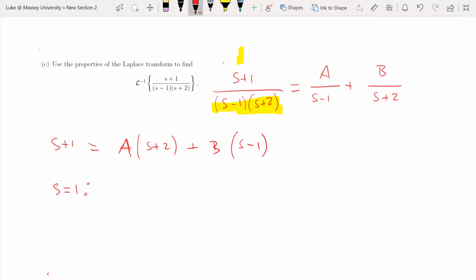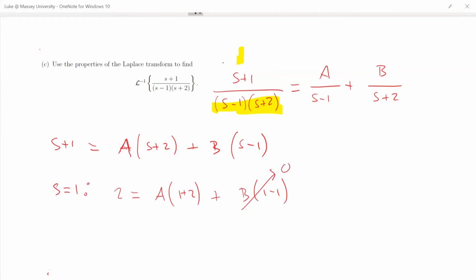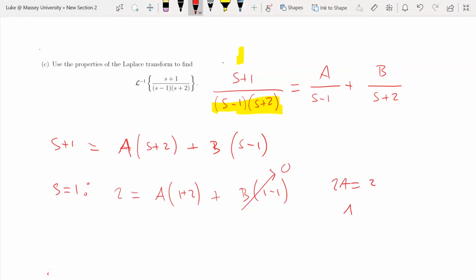The left-hand side, s plus 1, becomes 2. A times 1 plus 2, plus B times 1 minus 1, which of course is 0. So we get 2A equals 2, or in other words, A is equal to, oh, I've made a mistake. I get 3A is equal to 2, because 1 plus 2 is 3. Well, that's basic maths. So A is 2/3. Easy.